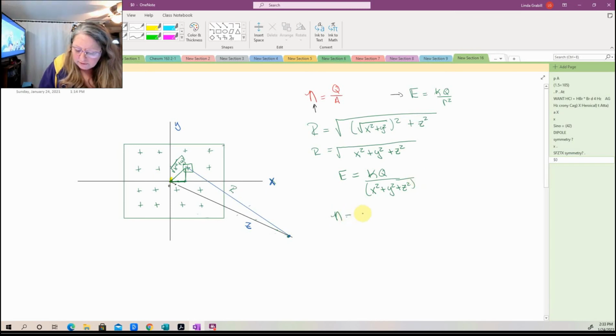That's going to give me, for this whole surface, some sort of change in Q over a change in area. Well, this is an xy plane, so it's going to be some little piece of my x times a little piece of my y. It'll give me that tiny little surface element. And again, let's just solve this for dq. So dq then is going to equal eta times my area element, dx dy.